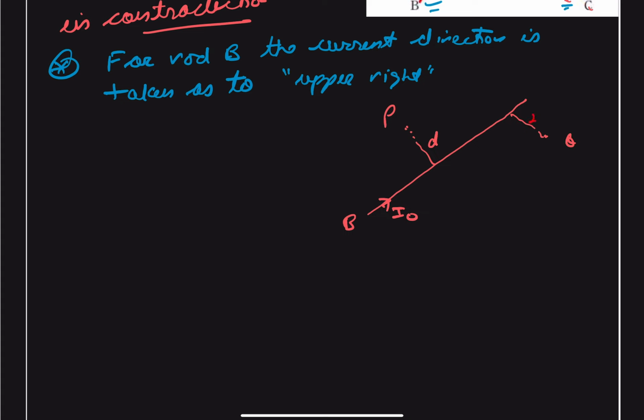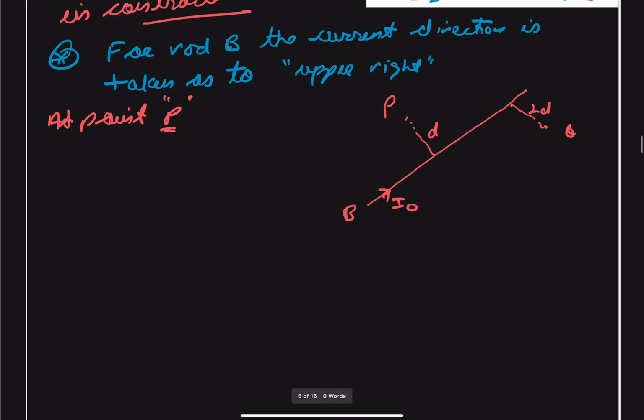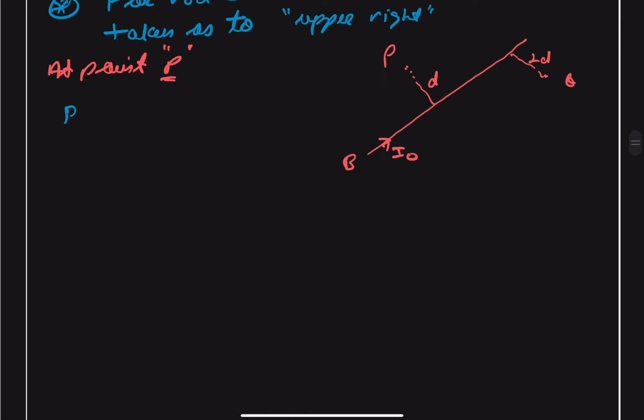So at point P, the magnetic field, that is B prime OB at point P, will be B naught and out of the paper.